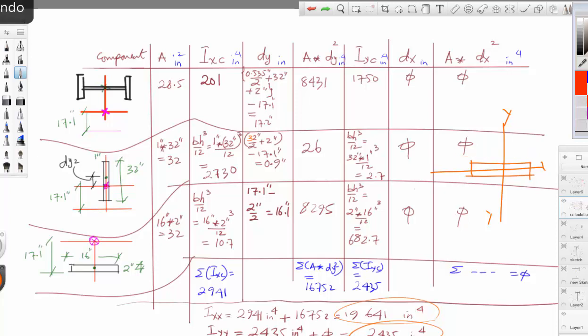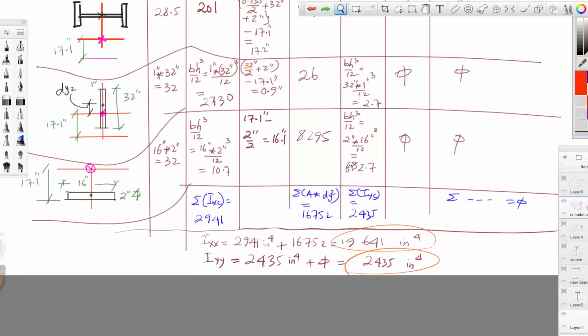So that's why we say b h cubed divided by 12, and b is equal to 2 inches, and h is equal to 16 inch cubed divided by 12. And of course, the x distance between the centroid of the entire section and the centroid of the component is 0, as you can see here.